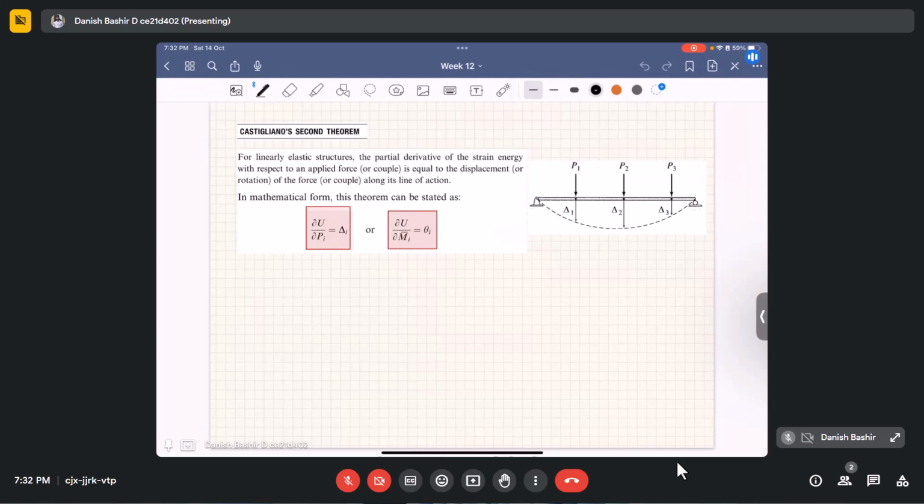Castigliano's theorem was put forward by Alberto Castigliano in 1873, and it's commonly known as Castigliano's second theorem.